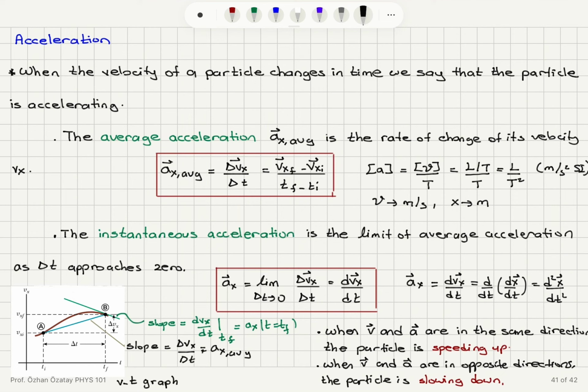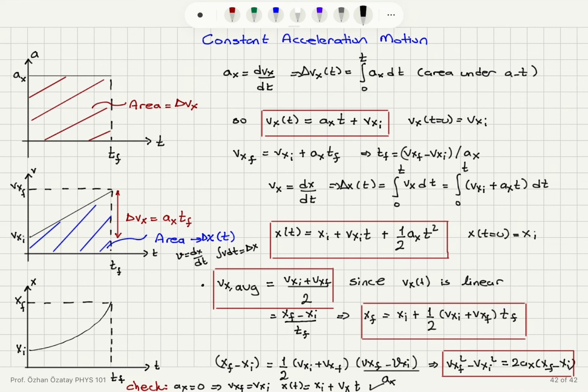The instantaneous acceleration is the derivative of velocity with respect to time, and we have distinguished two cases. If the acceleration and velocity point in the same direction, the object is speeding up. If they point in opposite directions, the object is slowing down. Then we talked about another special case, constant acceleration motion. That means the velocity is changing linearly with time, and that means a parabolic change in the position in time. The velocity at any time t is the initial velocity plus ax times t.